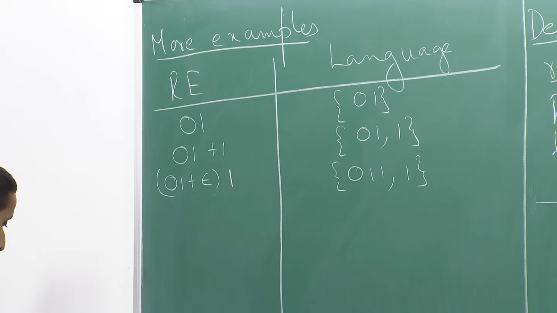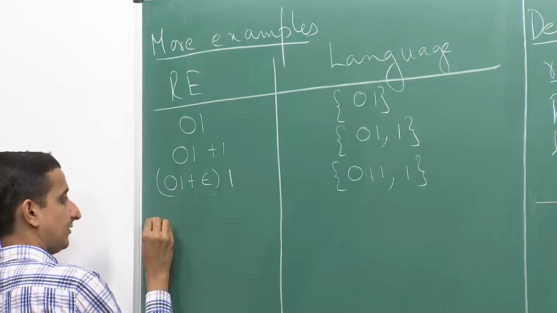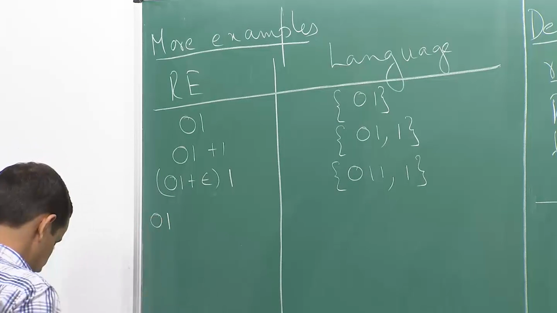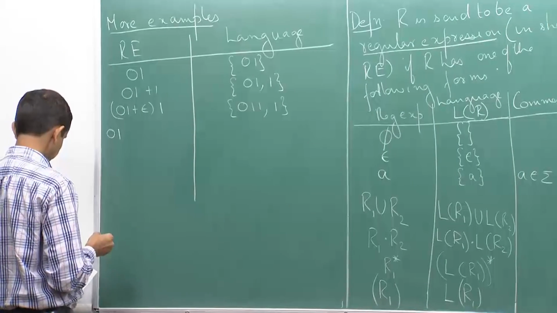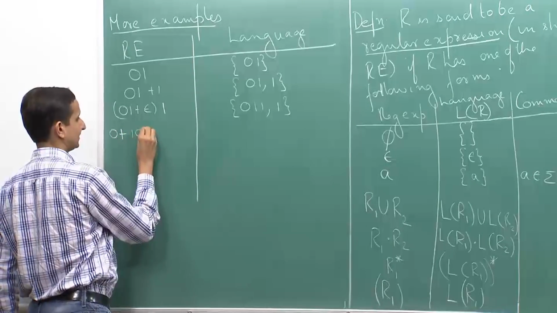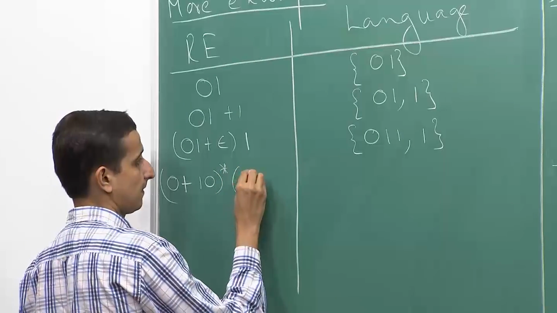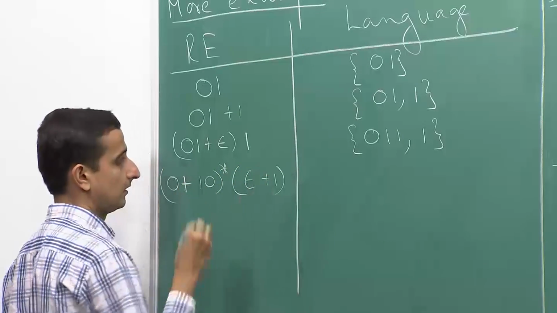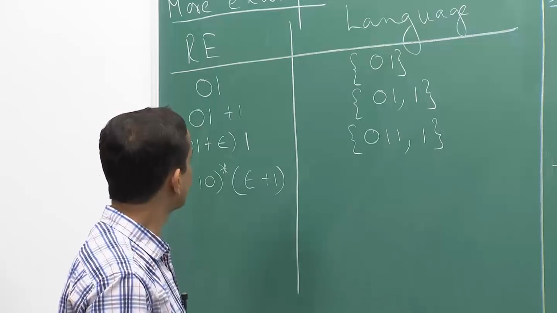The last example is the following. So, let us say we have a regular expression (0 + 10) whole star concatenated with (epsilon + 1). Okay.